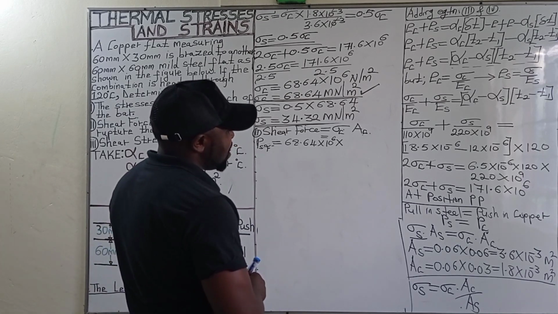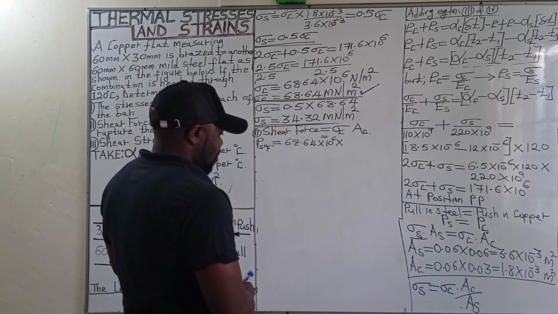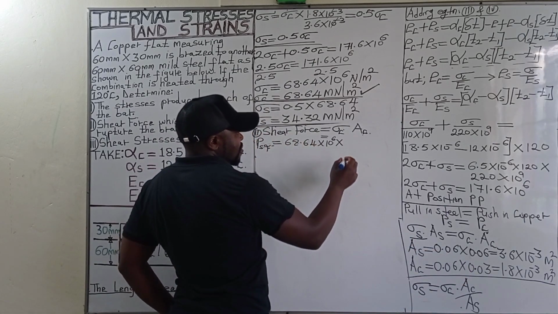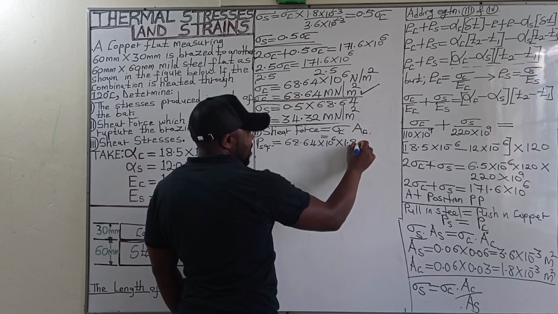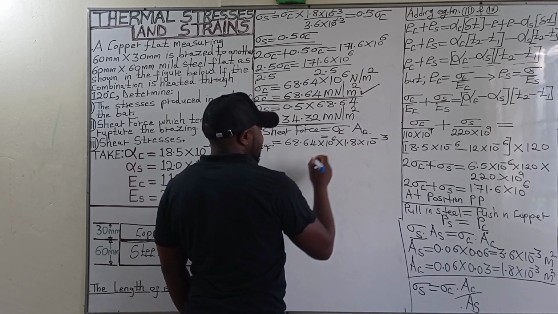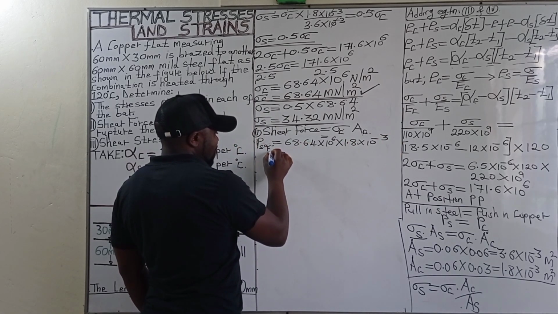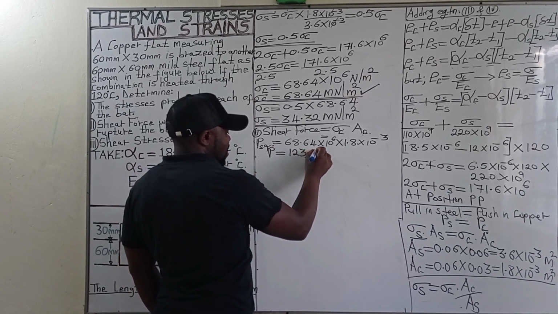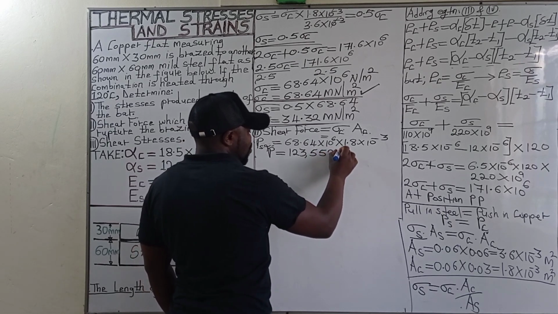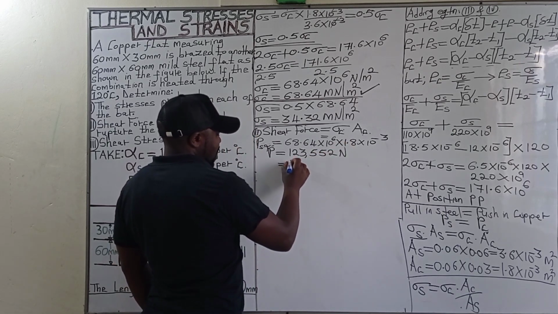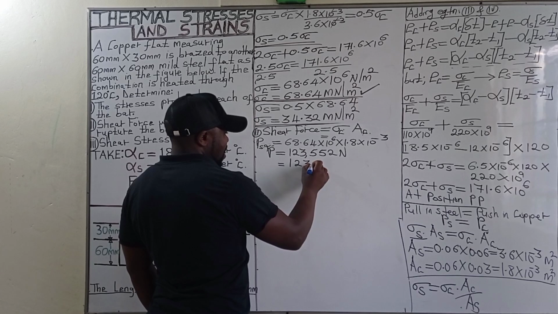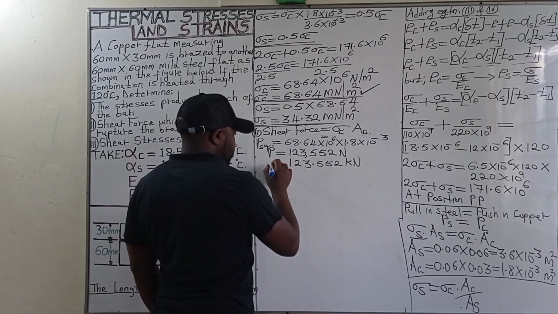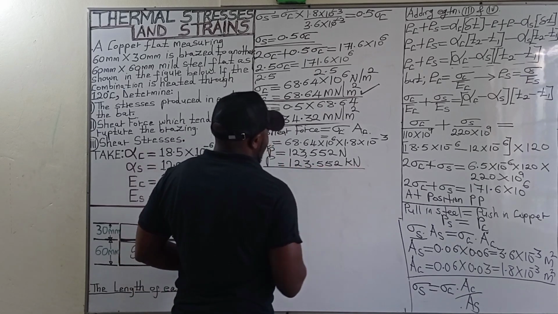The cross-sectional area of the copper is 1.8 times 10 raised to the power of -3. And this is going to give us a force of 123,552 newtons, which in kilonewtons is 123.552 kilonewtons. So that is the shear force.